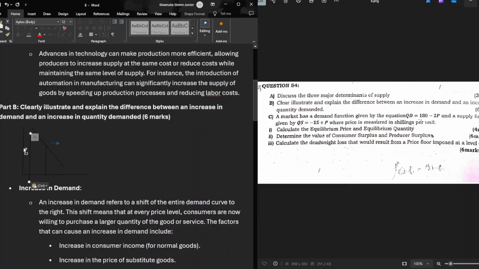We have it moving along, we have it move along this demand curve.